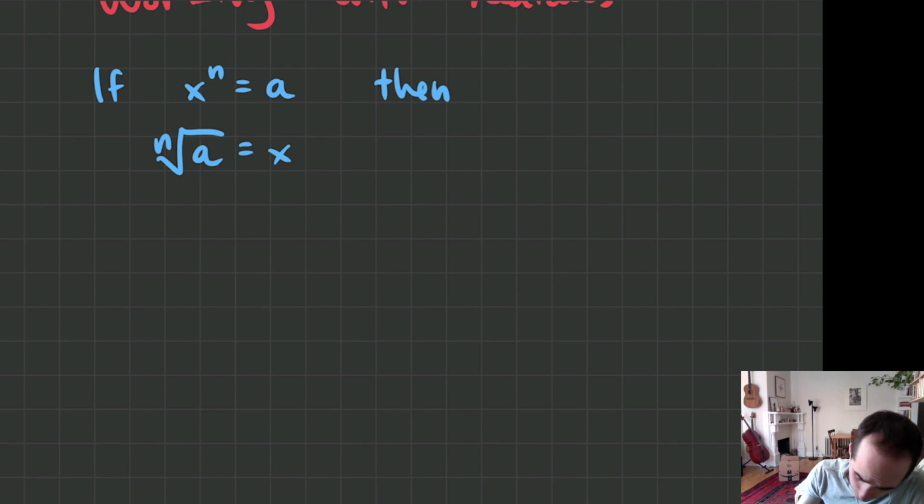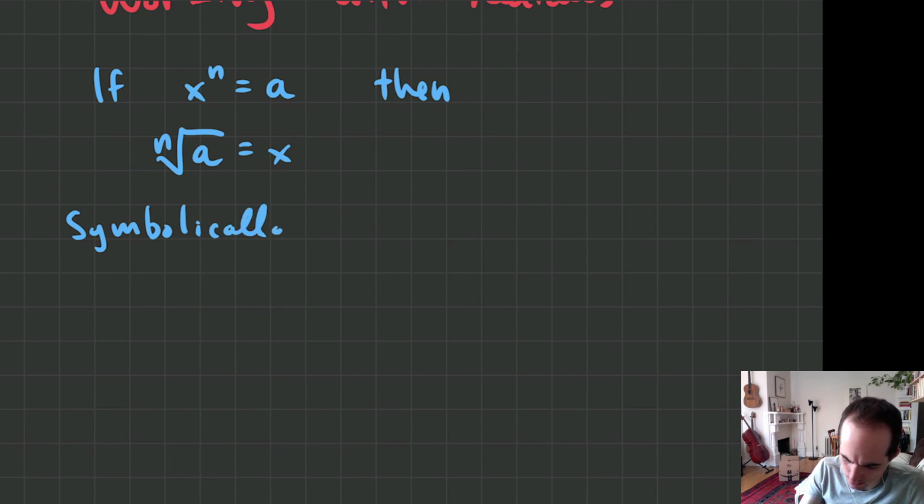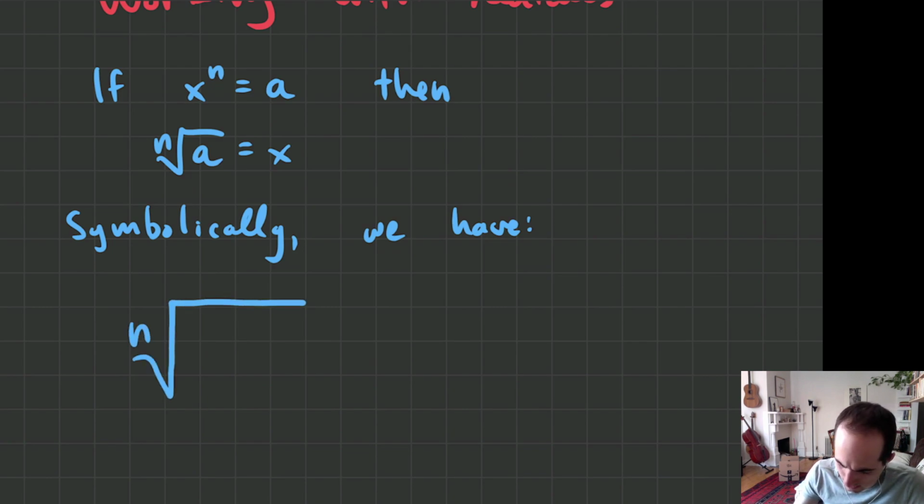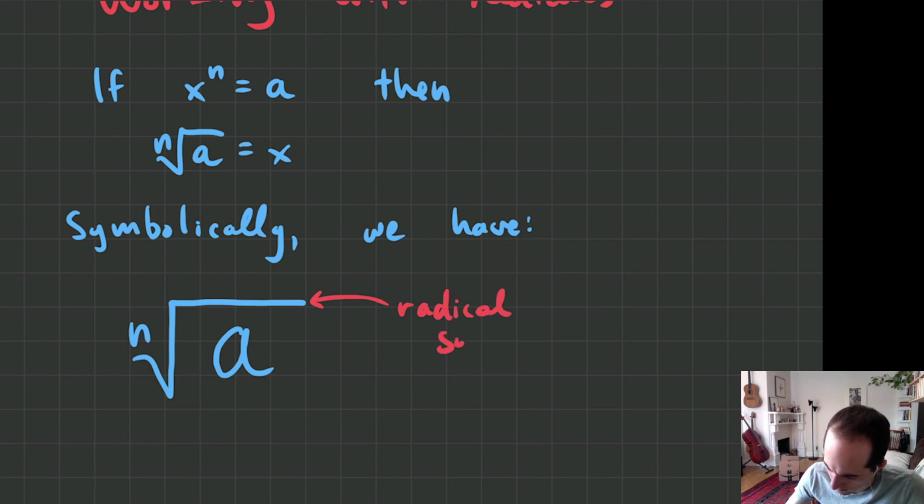So I'll write symbolically. Symbolically, we have, well, I'm just going to write all the different terms that we might need for this section. This thing right here is called the radical symbol.